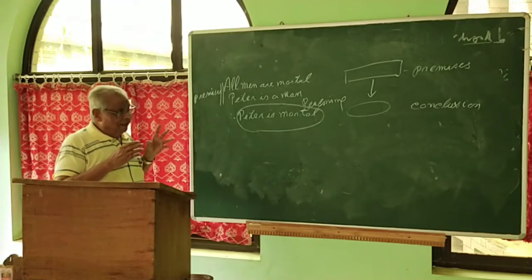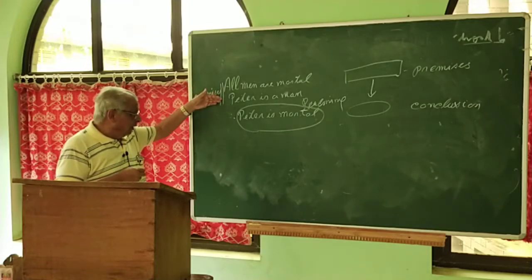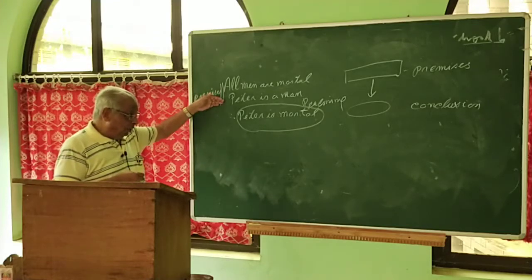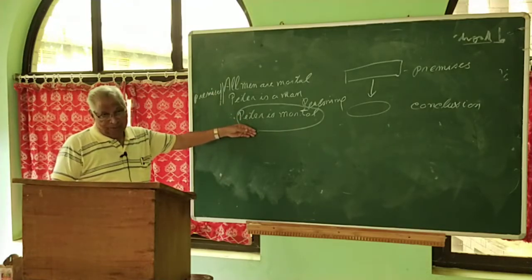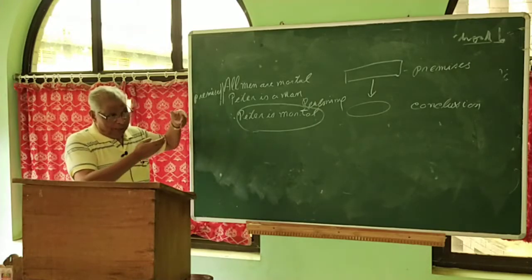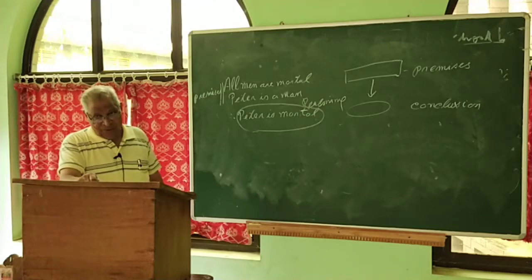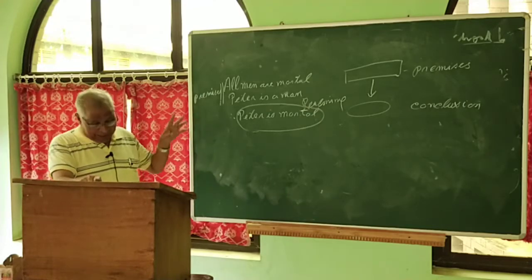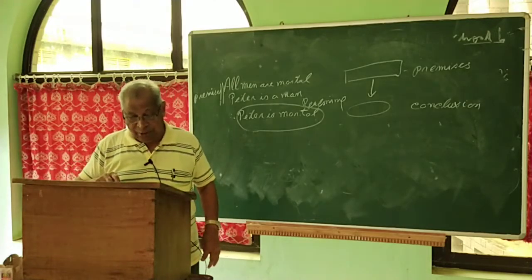So, reasoning enables us to move from what is given or what is known to what is not given or what is unknown. That process of moving from the known to the unknown is called the reasoning process. So by reasoning, we are able to do that. Now how to do it? All those things we are going to learn later.